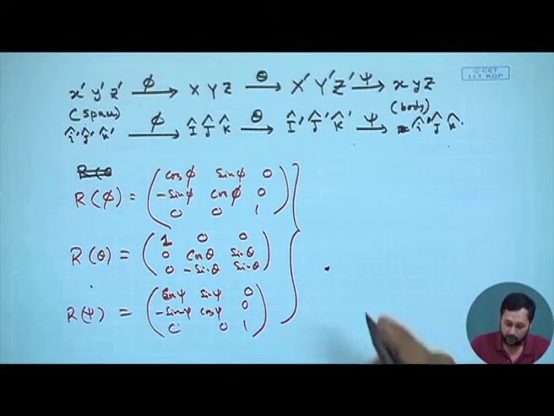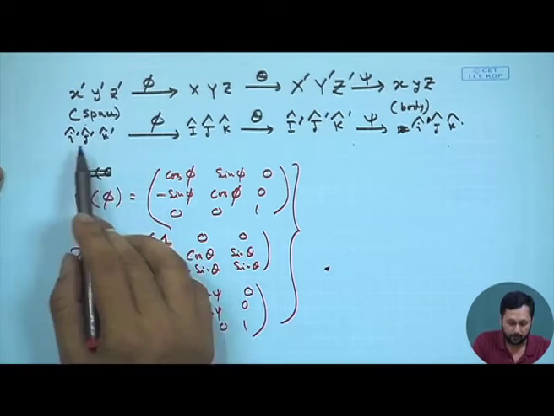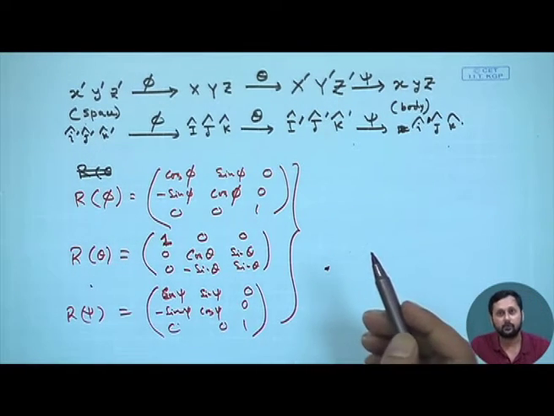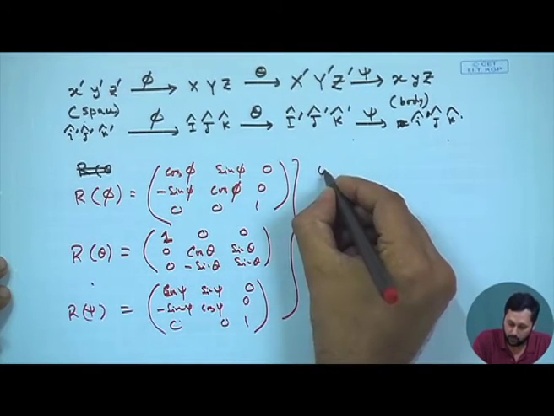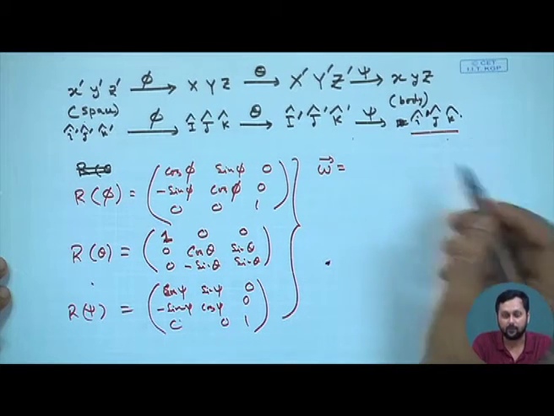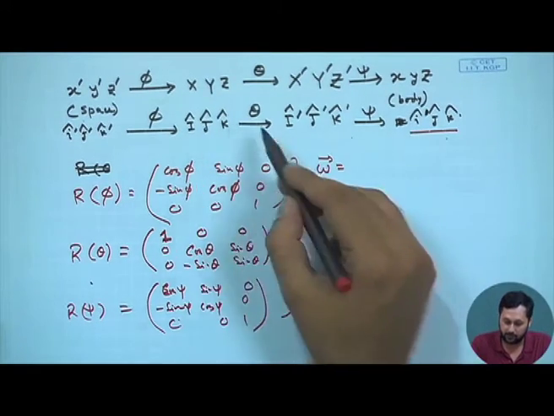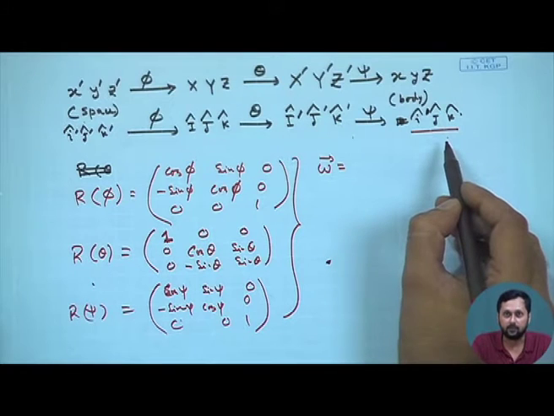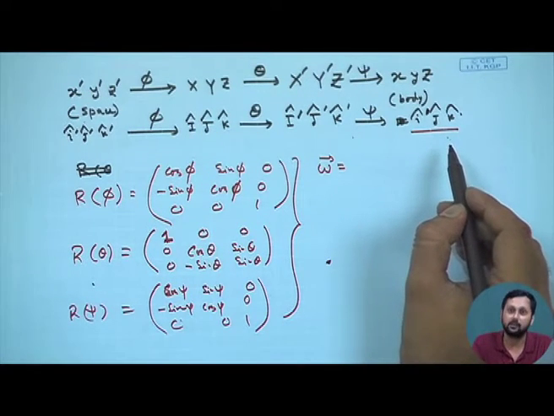We can actually use these matrices to track down the change in these coordinates. Essentially, let us say our final target is to decompose omega in terms of this final set of axes, because we always try to end up in an axis system which is not only the body frame, but also chosen to be the inertial axis system.